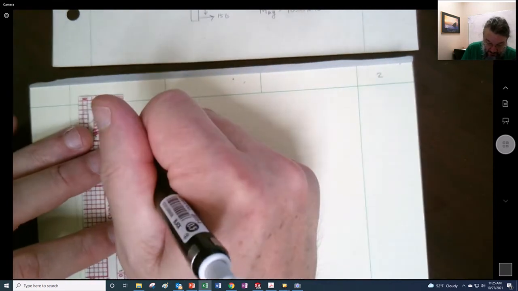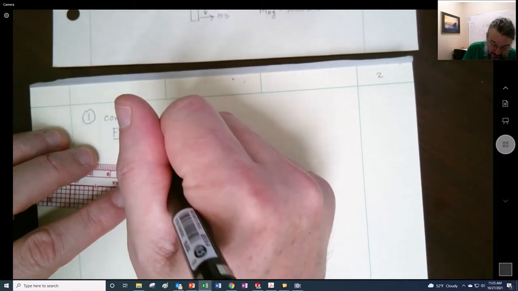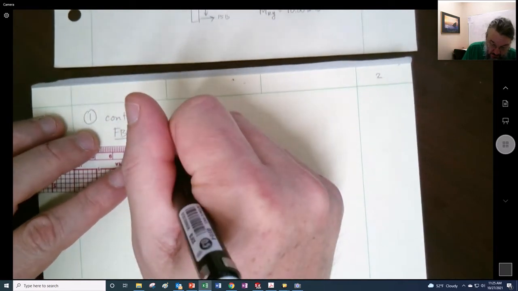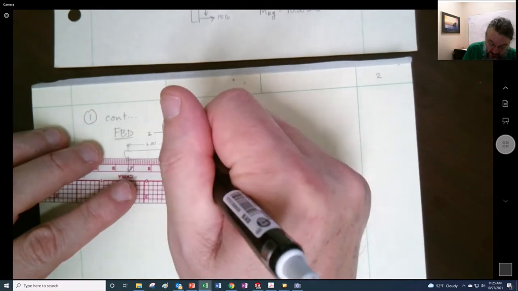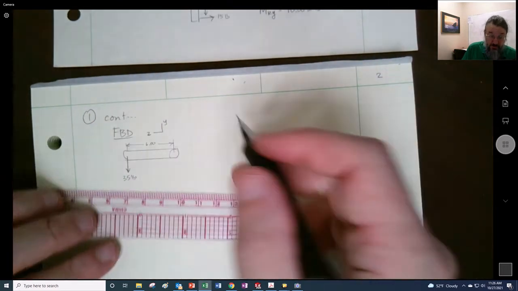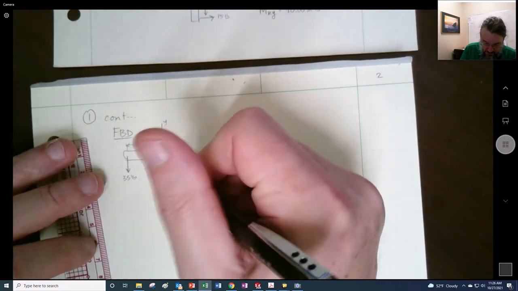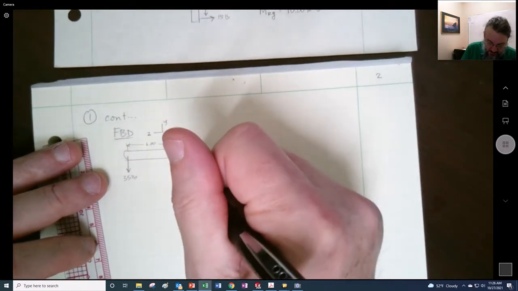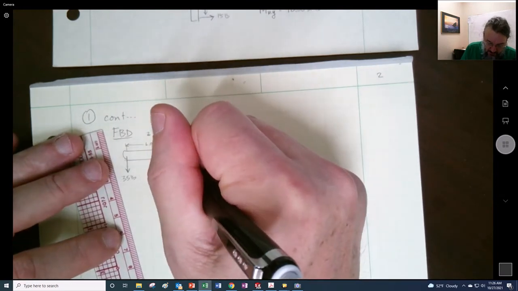And this distance right here, that distance is 6 inches. I didn't make this one as pretty as the others. R Y, and then we have this moment.